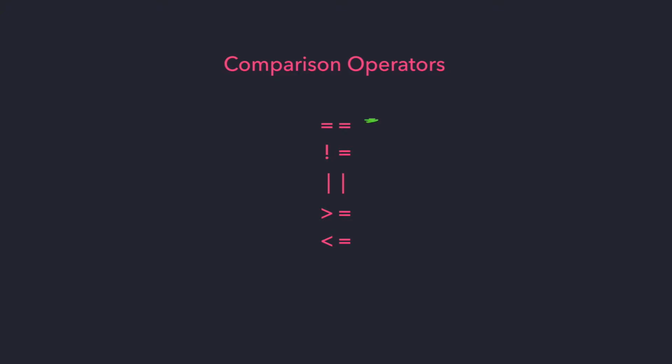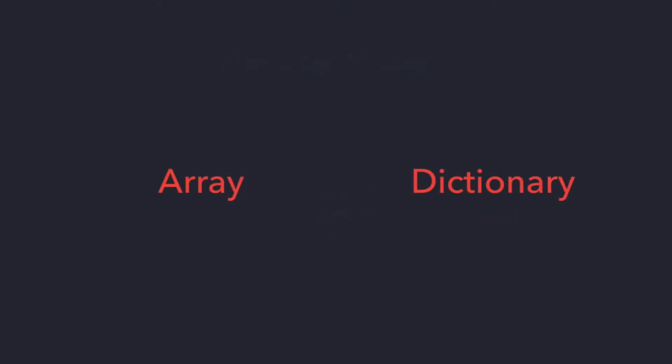So you have your double equal sign, you have not equal to, basically this is equal to, not equal to, or greater than, less than. Pretty simple. So we have our comparison operators and we're going to be using those. We're going to come back around to that either in this video or the next, but it's important for you to know that before we move on.